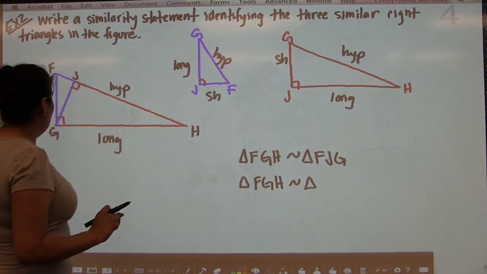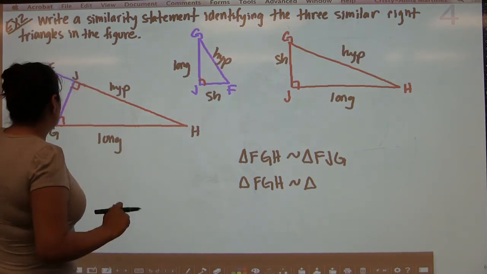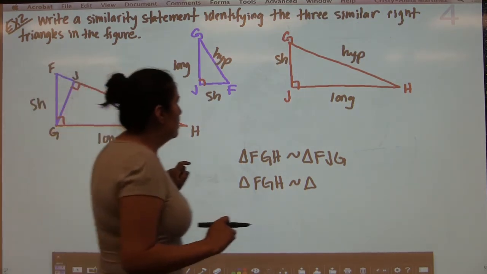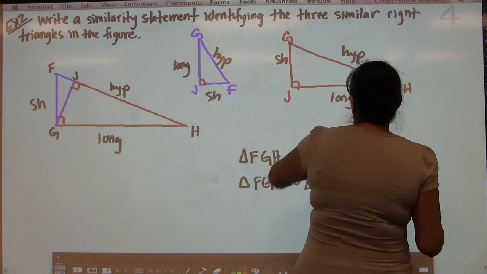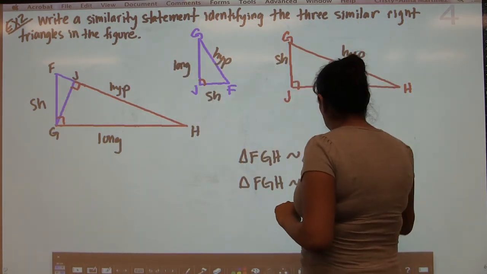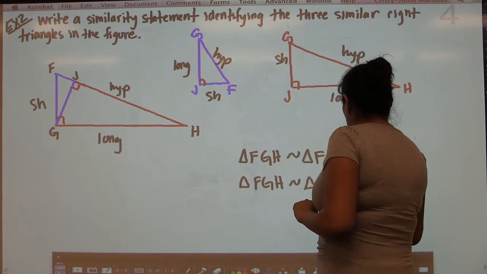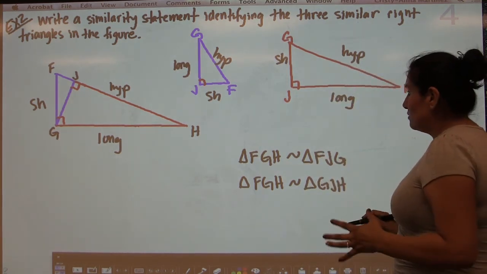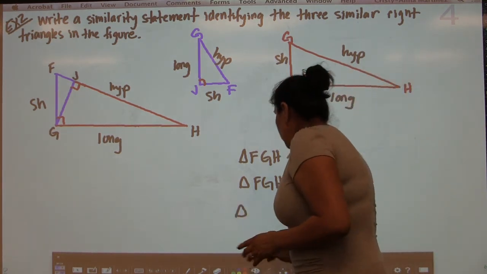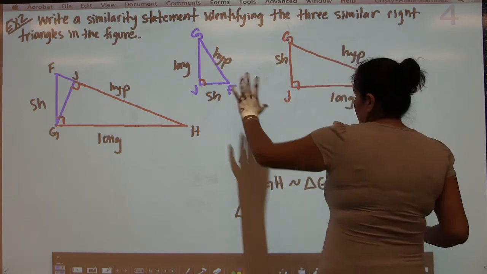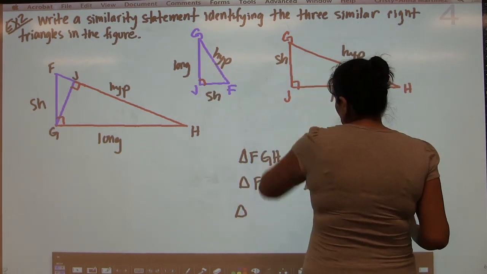Okay, so again, I'm going to go FGH, which is short, long, hypotenuse. So over here, short, long, hypotenuse is going to be GJH. Just like that. And then my last similarity statement is going to be the small and the large similar.